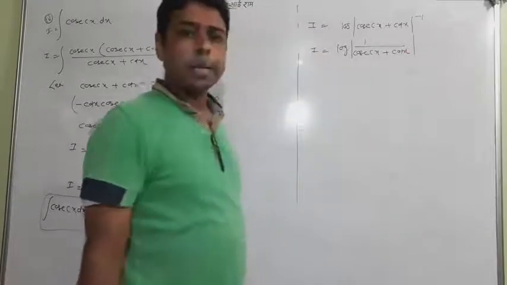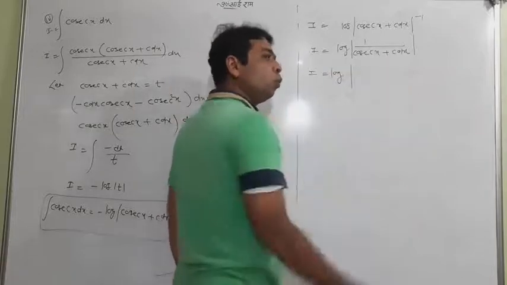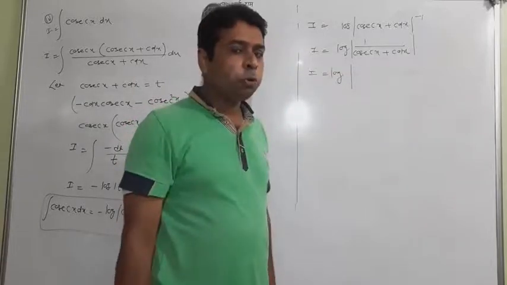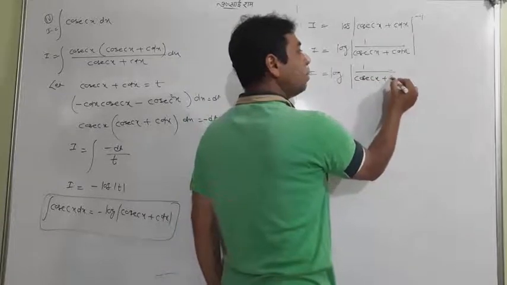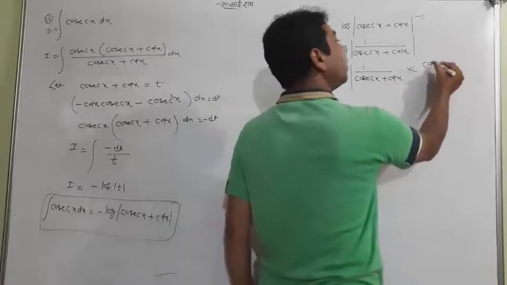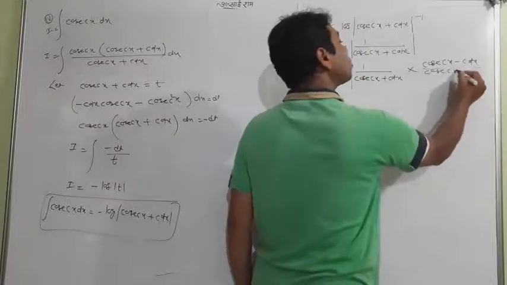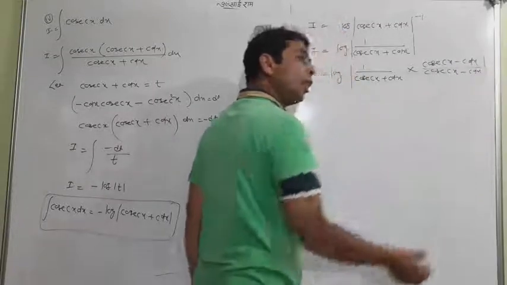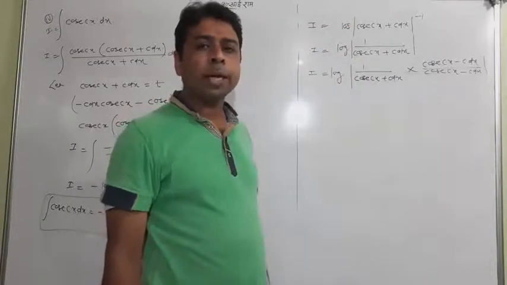What can be done again: you multiply and divide by cosec x minus cot x. Look at the thing, you multiply and divide by cosec x minus cot x, and it is intentionally done from my side. Why?